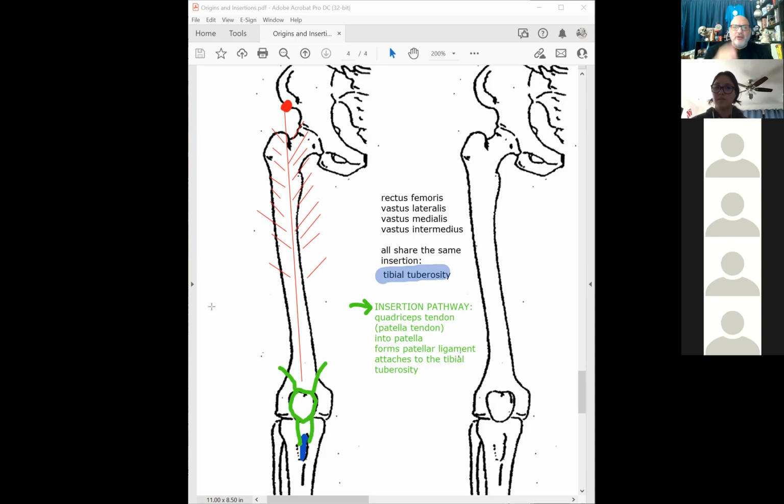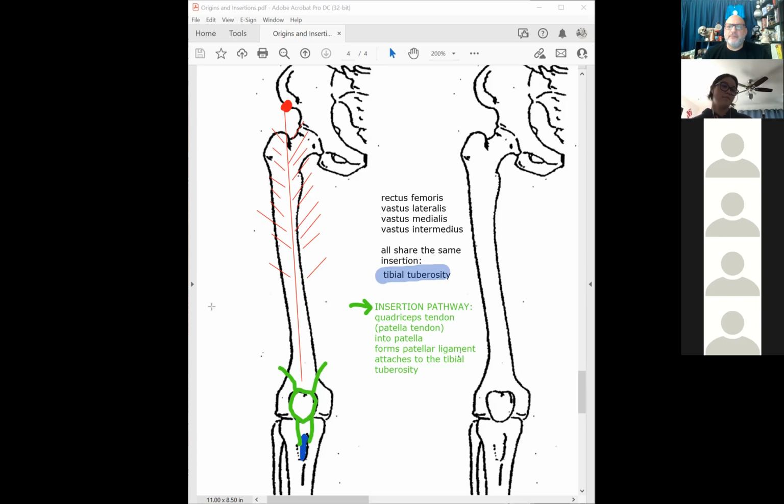And being a long, straight muscle, is it likely to twist and turn the leg? No. In fact, its insertion pathway makes sure that it comes straight into the lower leg. So there's no twisting going on. So just two actions. This is that high kick. Extend the knee, flex the hip. All right, so this is your rocket move.